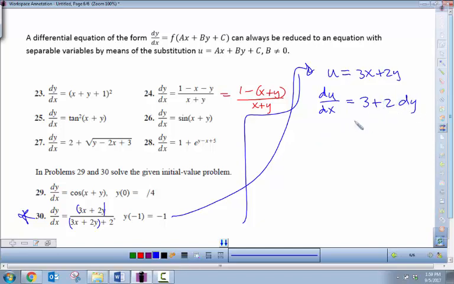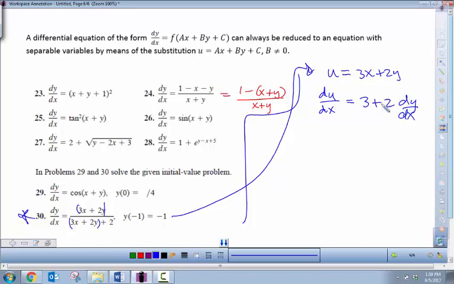How's this going to go? Does that look right? Yeah, it looks fine. All right, so make the substitution.